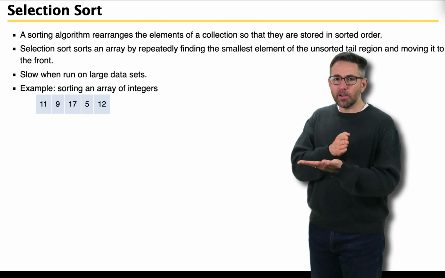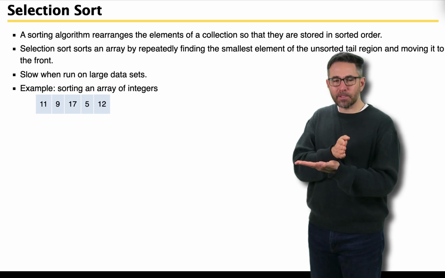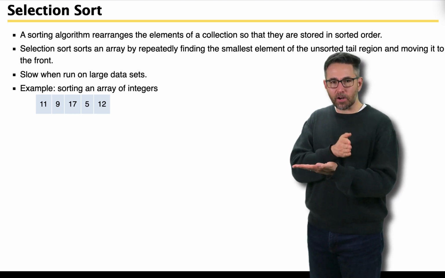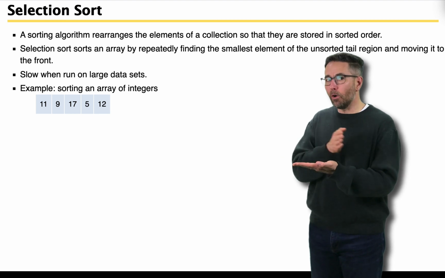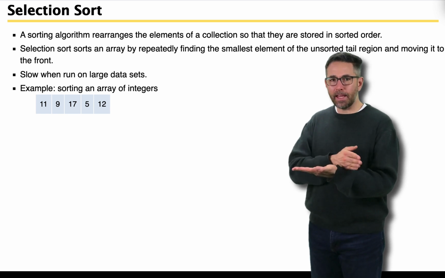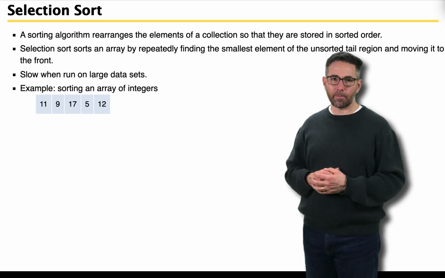Until eventually you get to the end where the tail consists of just the last position, and there's only one element there, so it must be the smallest of just the list that contains itself, and so there's no work to be done because it's already the largest element of the whole array, but it's the smallest element of the end of the array. And you're done. Your array ends up being sorted by selection sort.